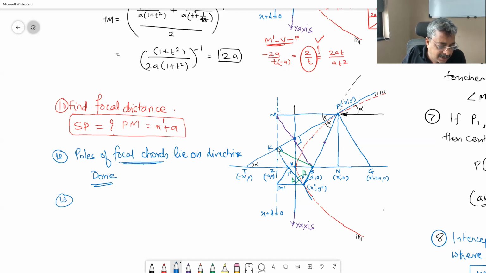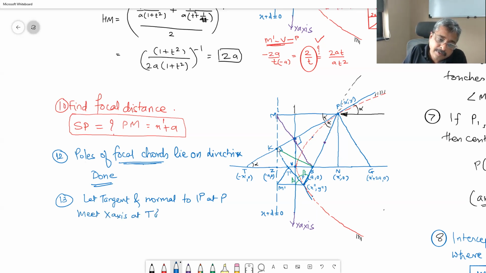13th. Let the tangent and normal to the parabola at P meet the x-axis at T and G. Prove that ST is equal to SG is equal to SP.